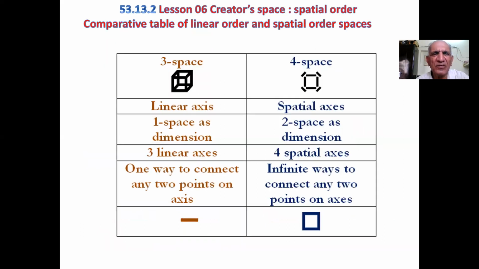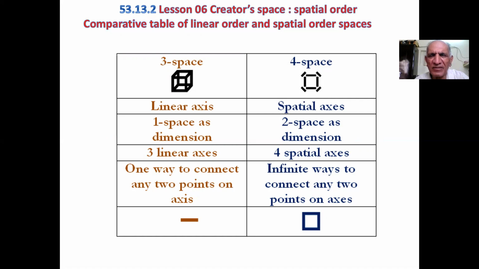The first step for initiation of transition from three space to four space is the transition from linear axis to a spatial axis. In three space, one space plays the role of a dimension. In four space, two space plays the role of a dimension.